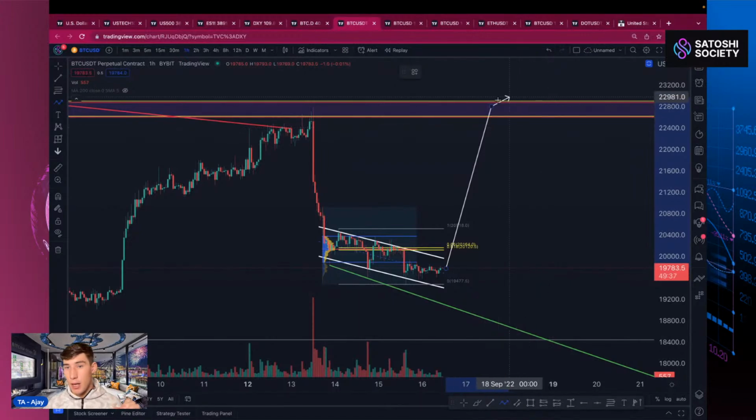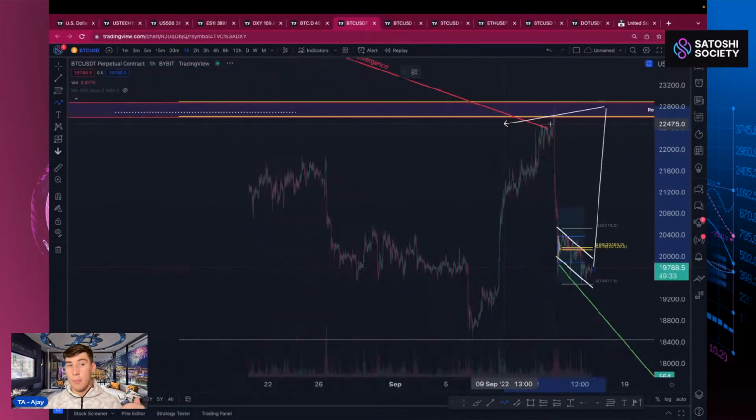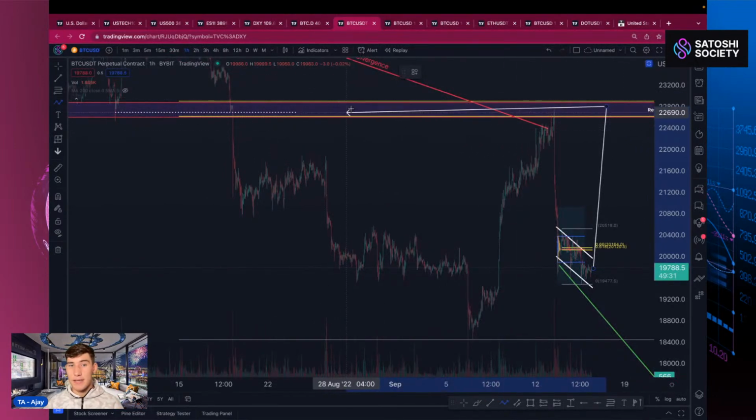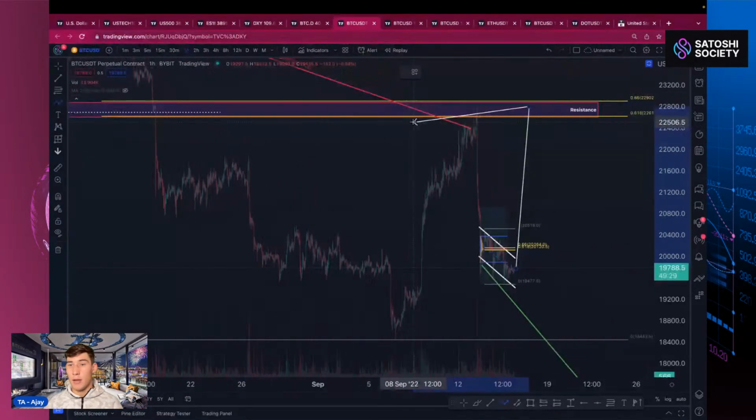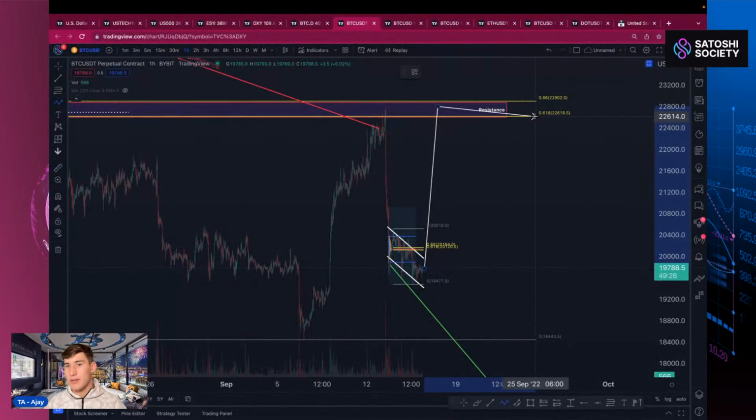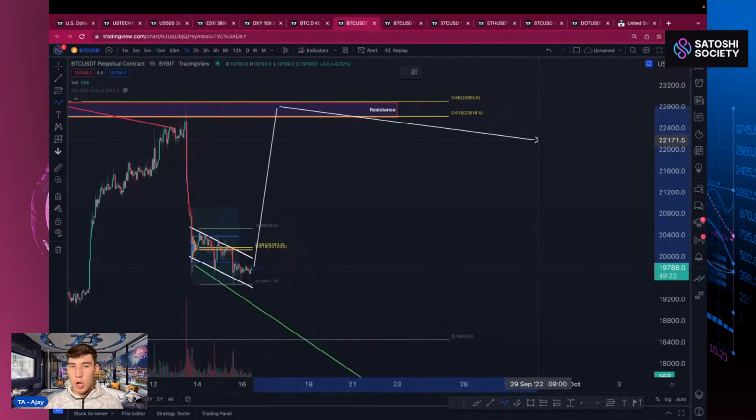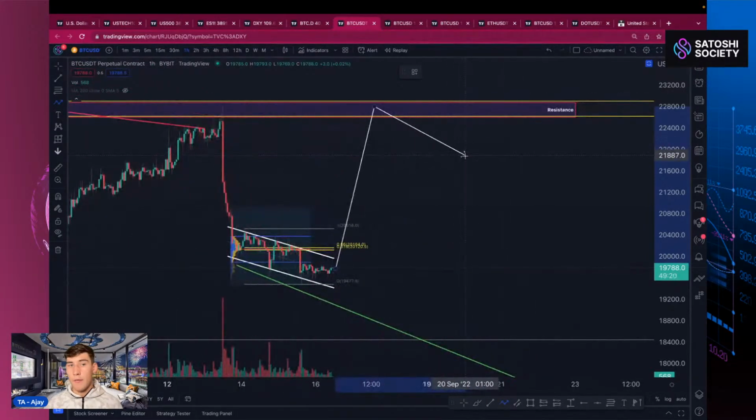But this resistance is also in perfect confluence with this golden pocket, which are these yellow lines here between the 0.618 and the 0.66 level as well. So lots and lots of confluence there for major resistance. That's why I'm going to be shorting there.